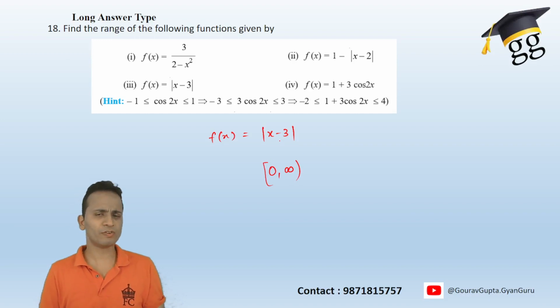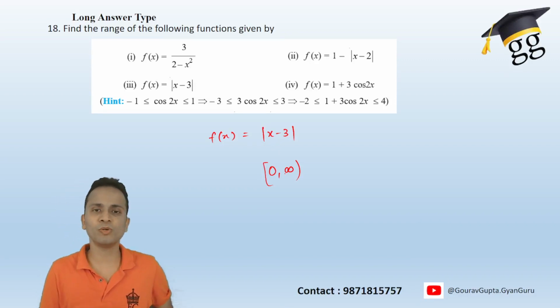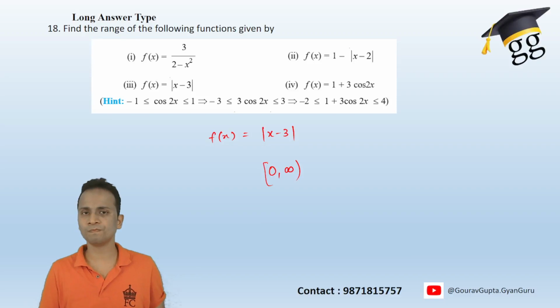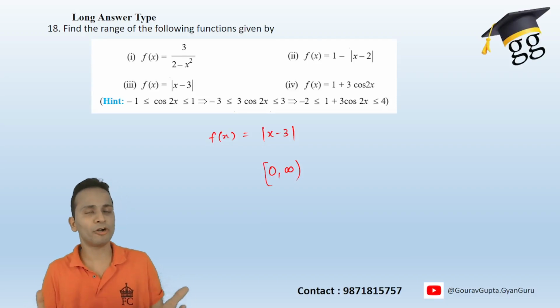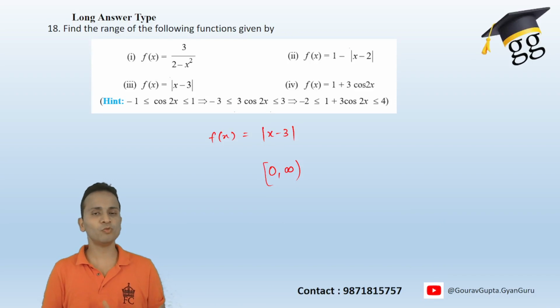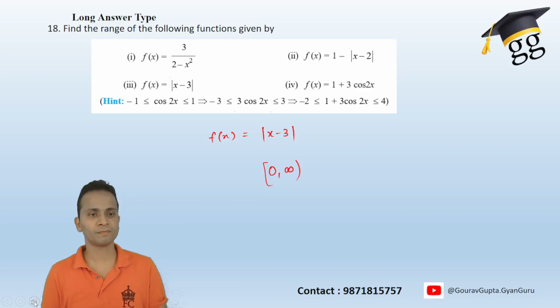Now how can I make this function equal to 0? The value equal to 0 कैसे होगी? x का value 3 put कर दो. So if x is equal to 3, then the function will become 0. For no value of x, this will be negative because this is a modulus function once again. So the range will be starting from 0 up till infinity with 0 included.